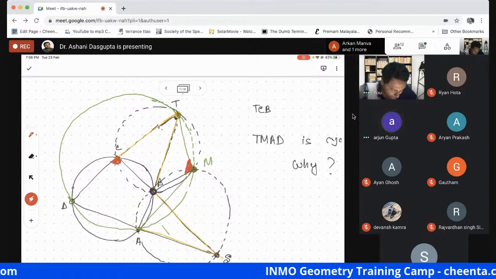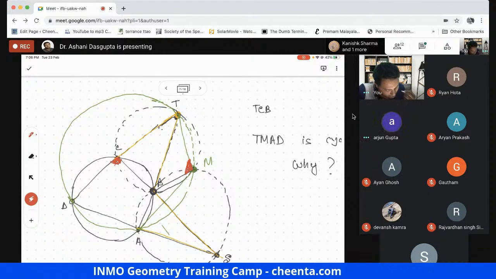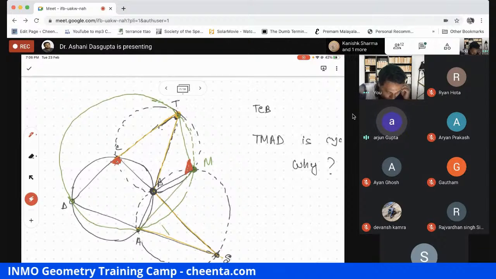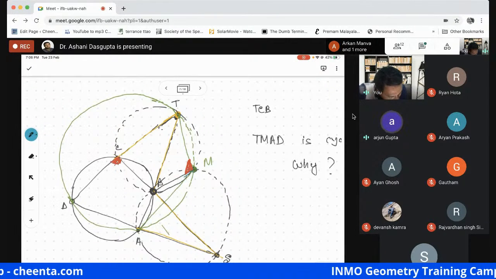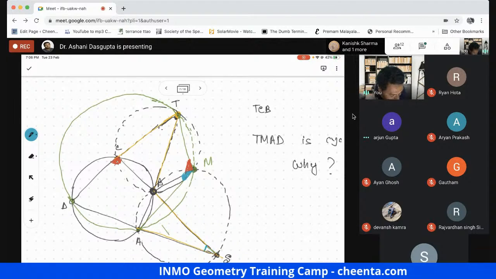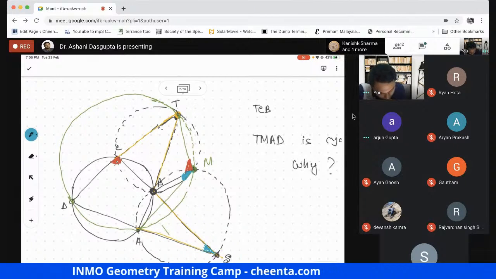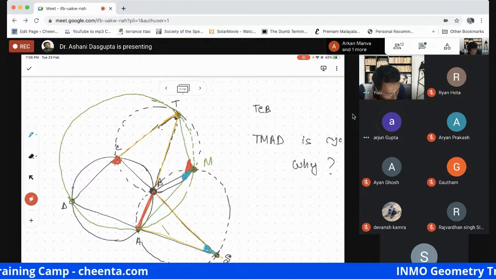Okay. And also we know that angle BMA, which is this angle right here, is equal to angle BSA because this is a circle and they are subtended by the same chord.